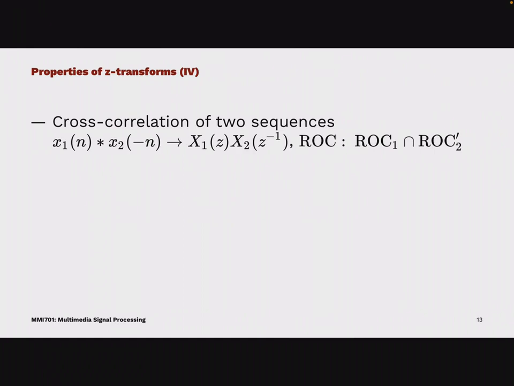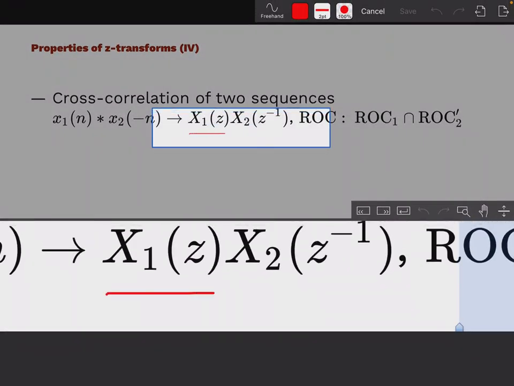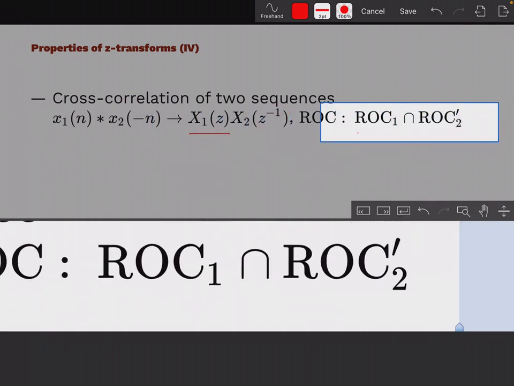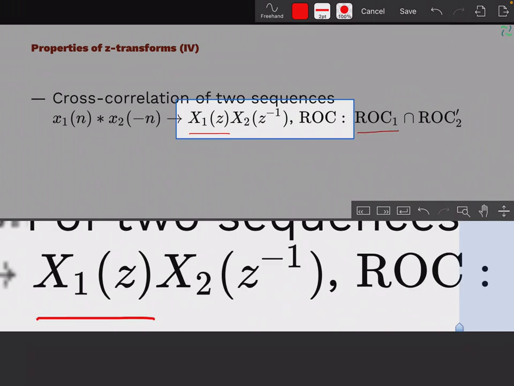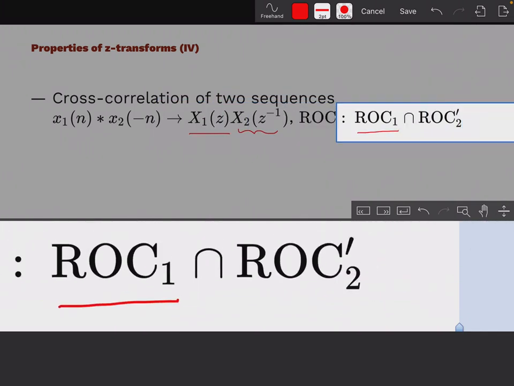First of all, for this z transform to converge, the first term, X1 of z, has to converge. We need to have this in place. And for the second one to converge, we have ROC2 prime. That is the reciprocal region of convergence to be there as well.